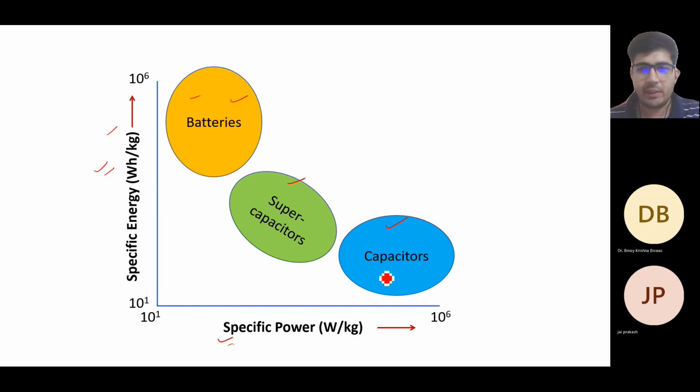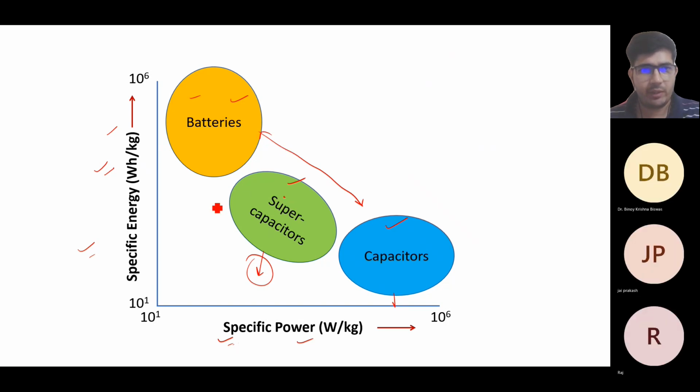The capacitors are having very low specific energy, and they are having high specific power, and the supercapacitor is in between them. So basically, the supercapacitor is filling the gap between the batteries and the capacitor. So we can get a decent specific energy with decent specific power.